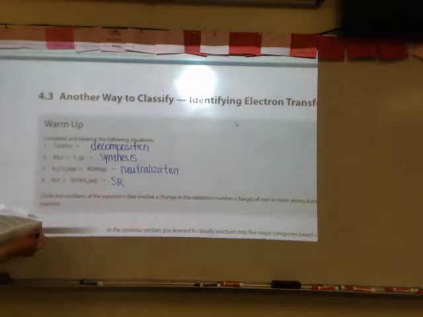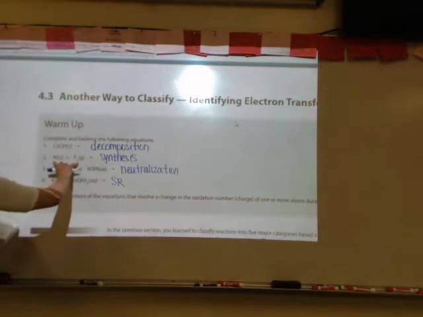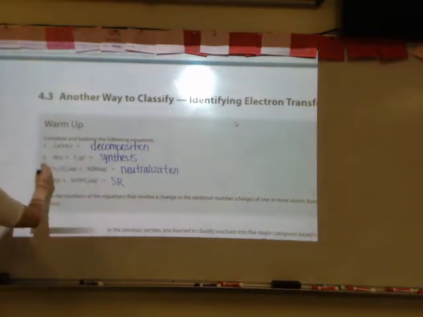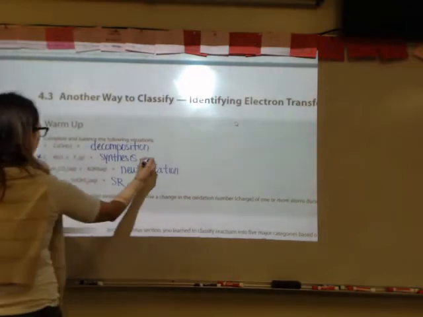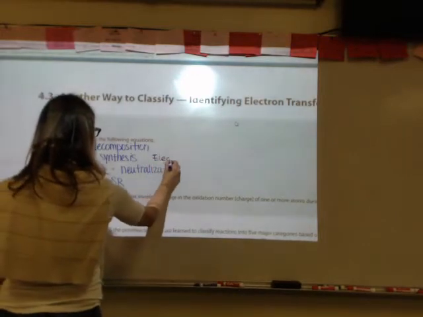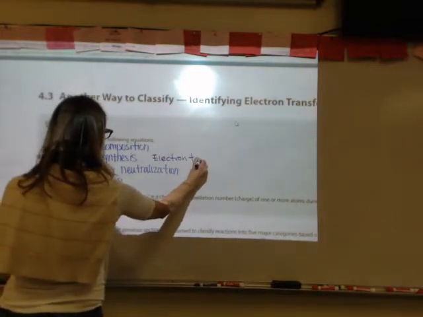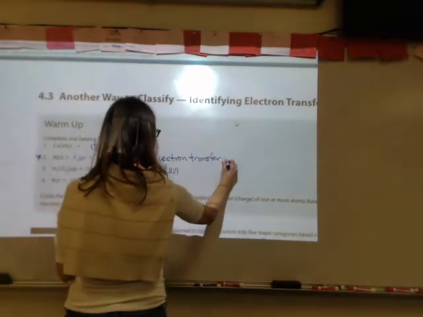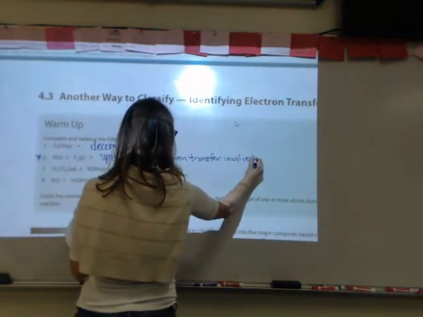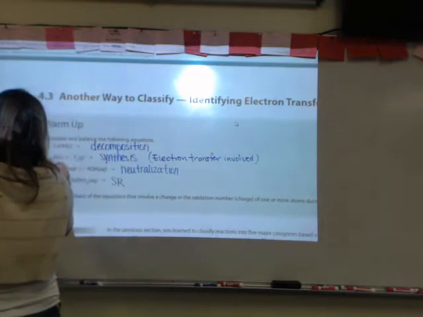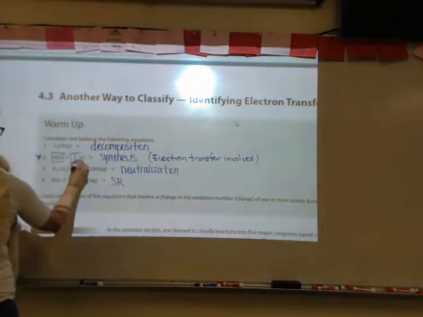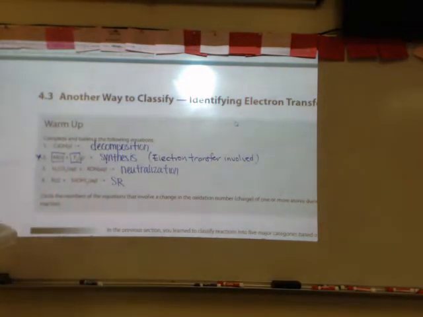So since there was nothing in elemental form, it didn't involve any electron transfer. But number 2 has aluminum and fluorine in elemental form. So this one involved electron transfer. And if you want to highlight or circle the aluminum and fluorine so that it stands out to you, that's the reason why, because of their elemental form.